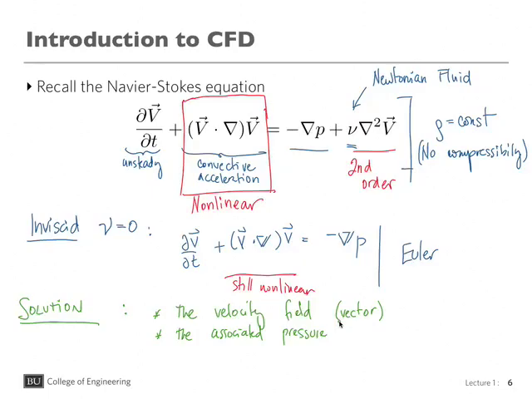So the next question is, why do we need CFD? Why would you actually need to simulate these equations computationally? The first reason is that there are very, very few known analytical solutions to this equation. Very few, like 1, 2, 3, 4. The only way to find these analytical solutions is in very particular situations of symmetry, for example, that make this term go to 0.